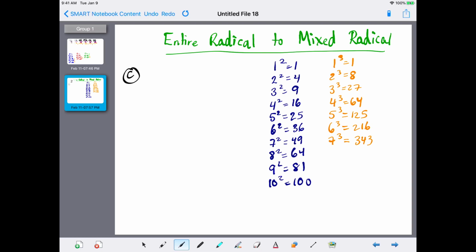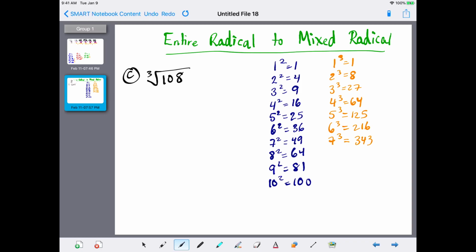Let's do one more, or maybe we'll do 2 more. So the only difference here, we now have a cube root of 108.